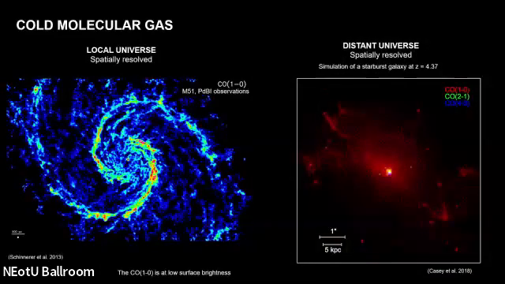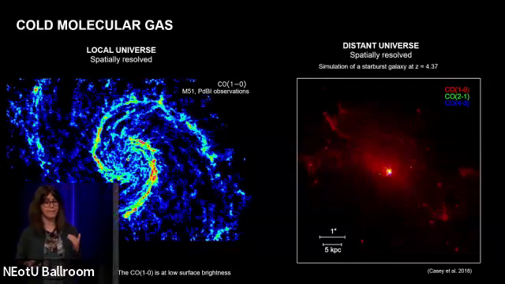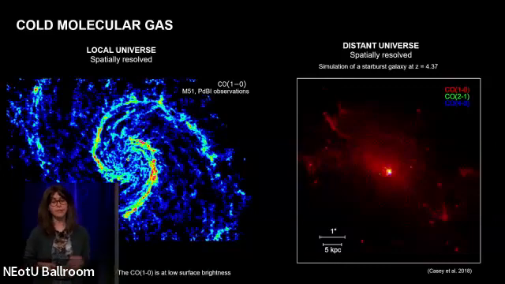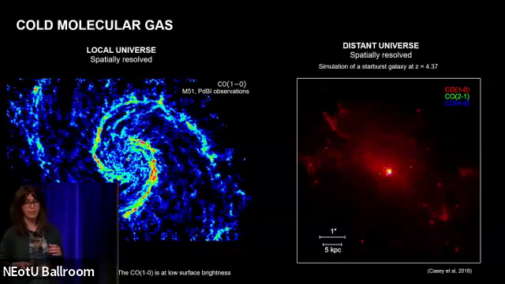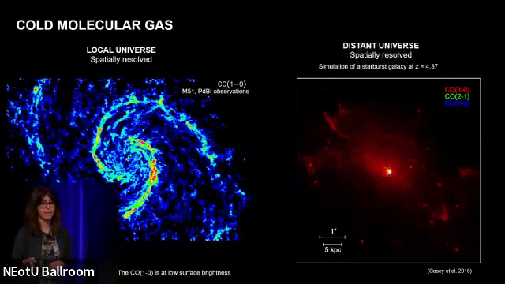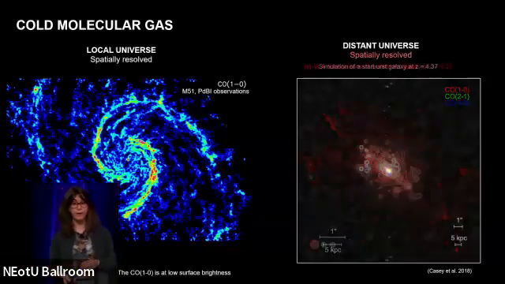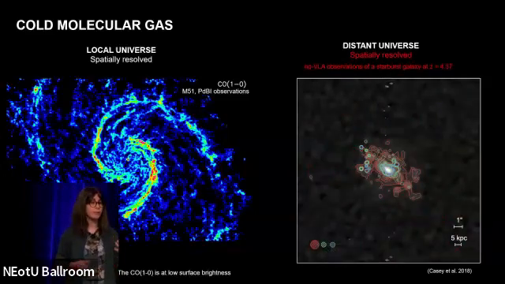So the ngVLA will be a game changer in this kind of studies because it will have the sensitivity and the frequency coverage to trace several CO transitions and especially the low-J transitions of the CO across the cosmic time. So here you see a simulation from Casey et al. 2018, showing a starburst galaxy at redshift larger than 4, and this is what we will observe with the ngVLA.